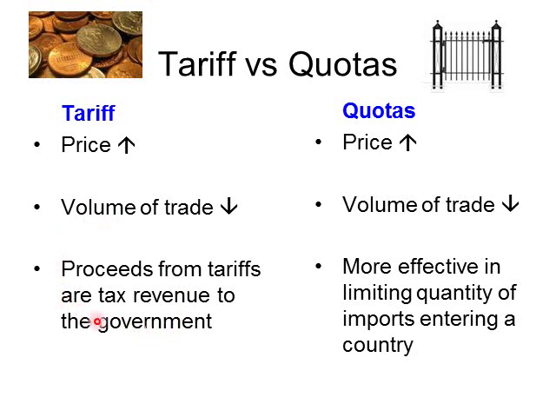The consumer can still buy the good, provided that they are willing to pay the higher price. But for the quota, once the quota is reached, the consumer will no longer be able to buy the good, regardless of what price they can pay. So the quota is more effective in limiting the amount of imported goods to a very specific quantity.